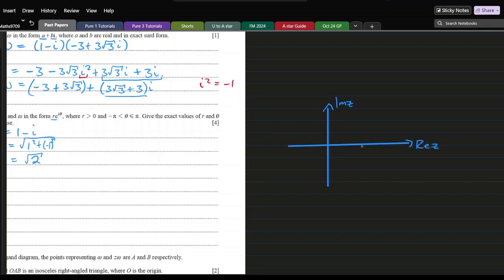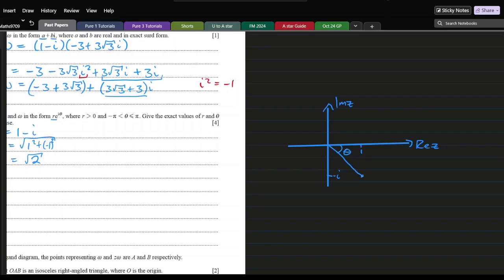So our complex number is 1 minus i, so let's say 1 is there on the real axis and negative i would be here on the imaginary axis, so our complex number would be here, and we need to find its argument. So let's draw a line to our complex number, and the argument is the angle that it forms with the positive real axis. So this is the theta, that's the argument we are looking for.